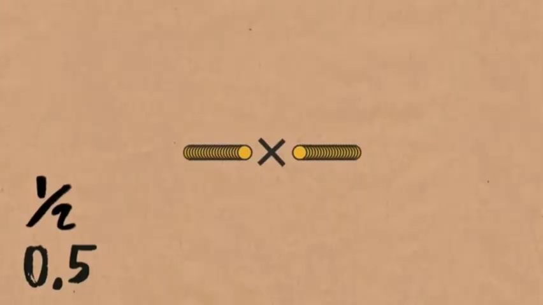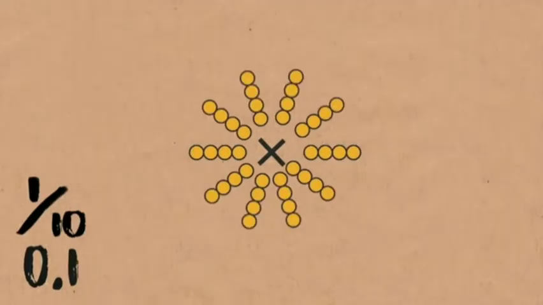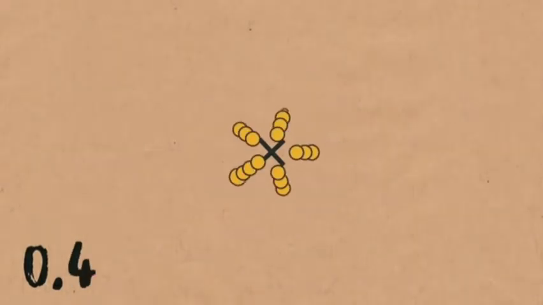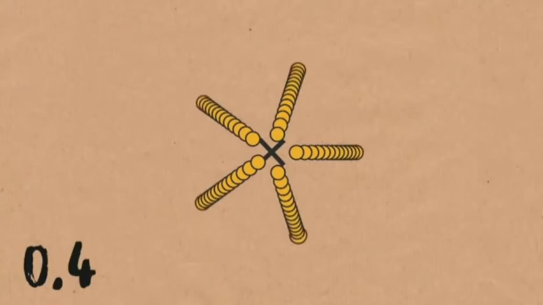So if I jumped, say, to a tenth of a turn, would you care to predict what you would see? That's right, 10 spokes. Let's try 2/5. That is 0.4. So as predicted, we have 5 spokes here.